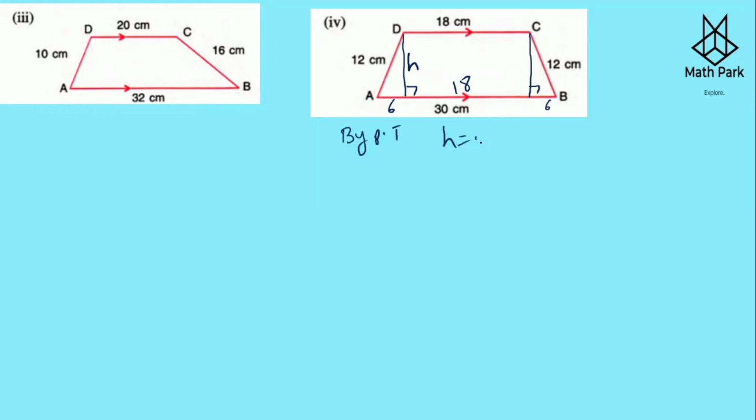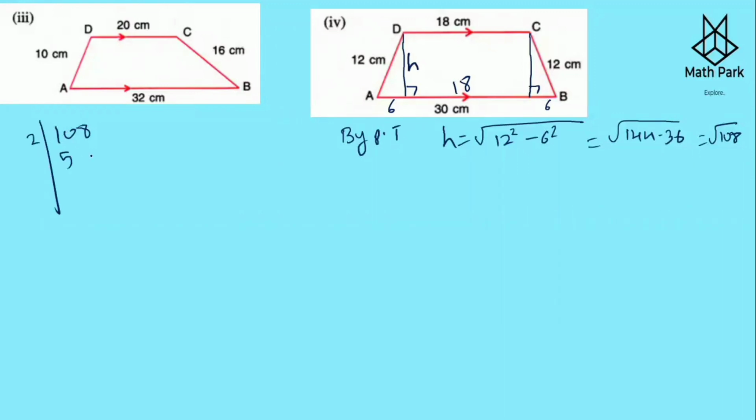So h is equal to square root of 12 square minus 6 square, which is root of 144 minus 36. So 144 minus 36, you get this as 108, root of 108. So 108, if we do the prime factorization, we can understand how much can be taken in common.